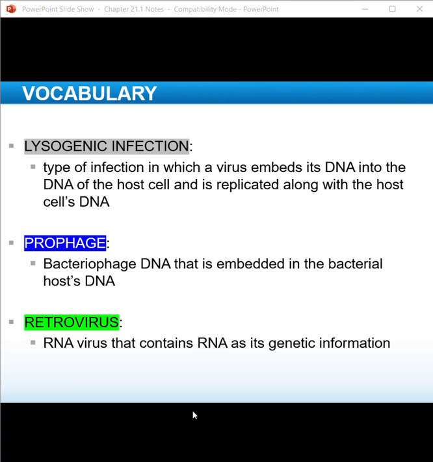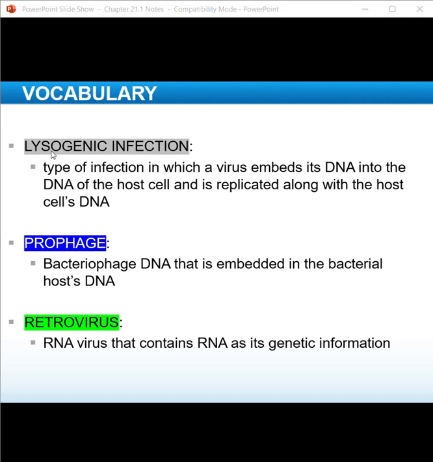Your next set of vocabulary: you have lysogenic infection, prophage, and retrovirus. With a lysogenic infection, when you see something that says lys in front of it, that means there's going to be destruction of something, right?